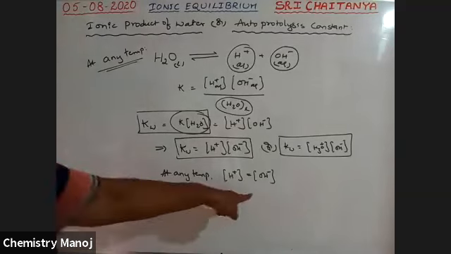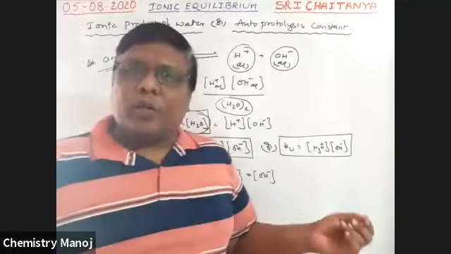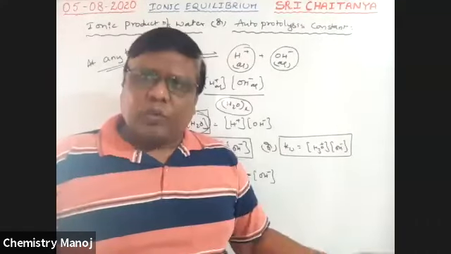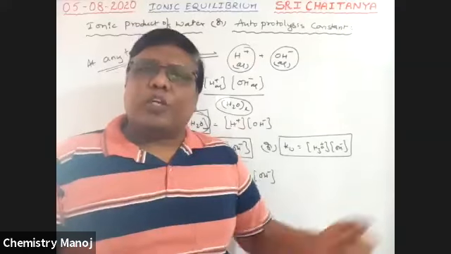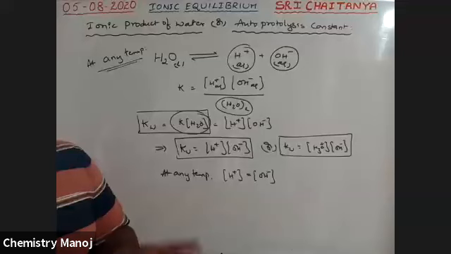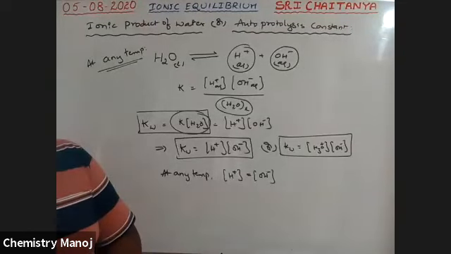It is very important, my dear boys. For example, if 10 water molecules dissociate, 10 H plus and 10 OH minus ions come out. If 2 dissociate, 2 H plus and 2 OH minus ions come out. So at any temperature, the concentration of H plus is equal to the concentration of OH minus.